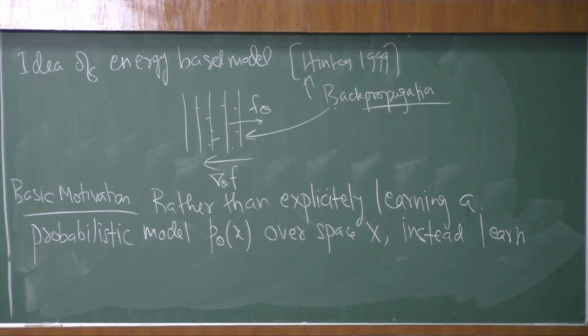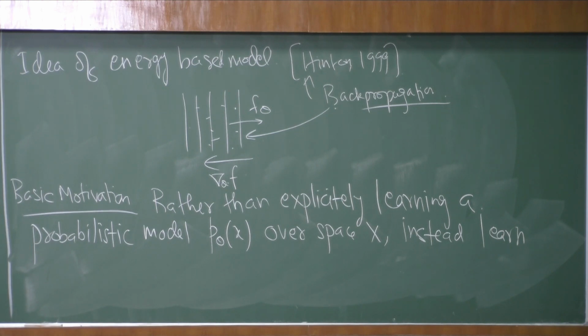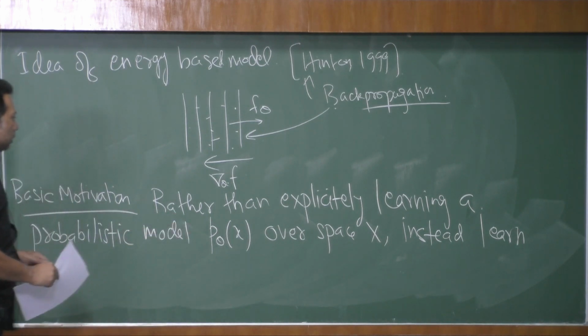Many of the machine learning problems could be formulated as a probabilistic model. Even think of linear regression and so on. So if there are probabilistic models, and obviously there will be some theta, then instead of learning that probability model, learn the so-called energy of that.